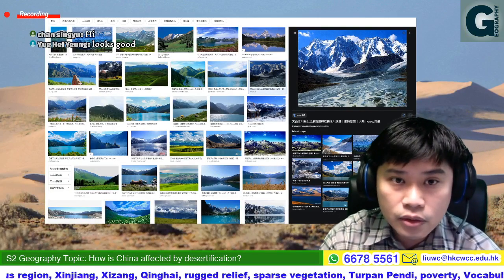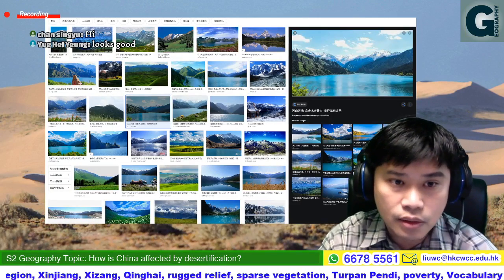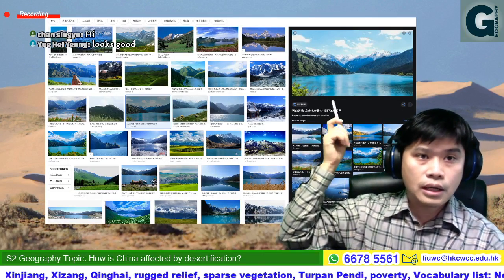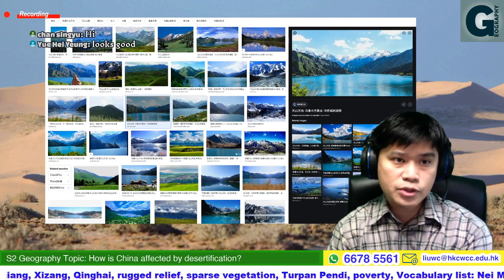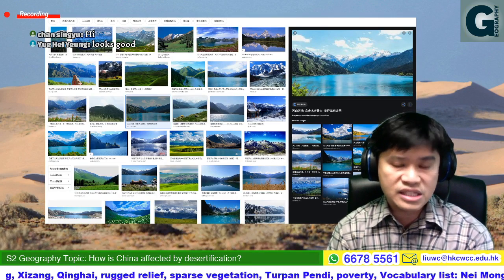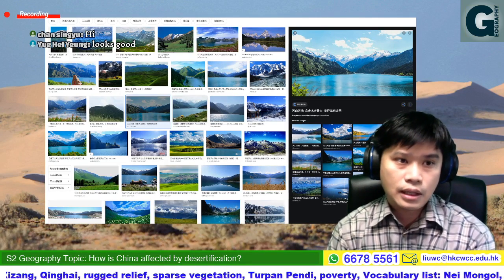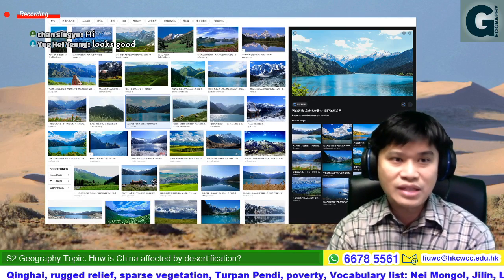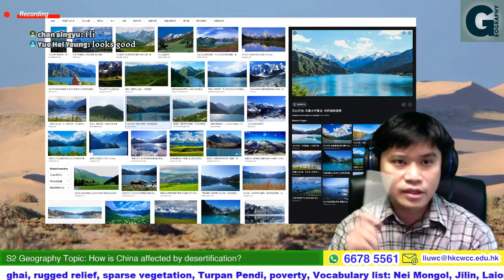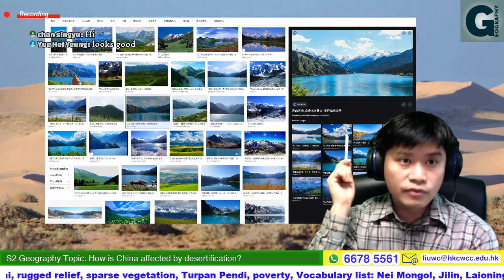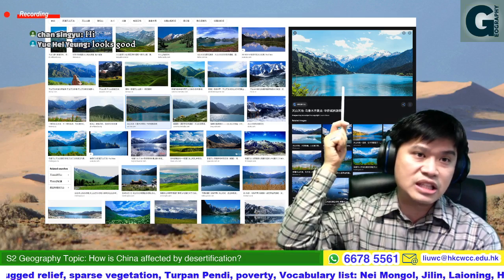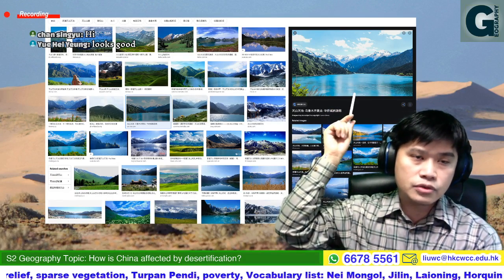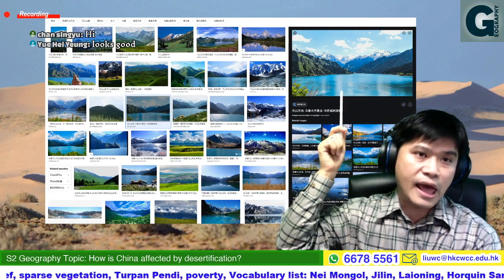And you can also see this one, a very famous tourist spot in Tianshan or in Xinjiang. If you have a chance to visit there, go in summer, don't go in winter. That will be extremely cold. In summer, you can see a scene like this: the snow mountain and also a lake.